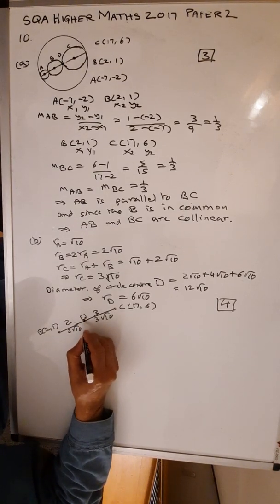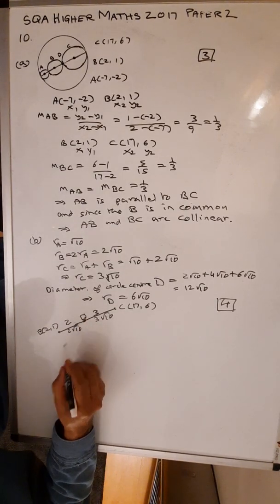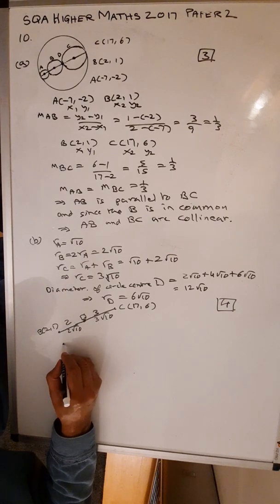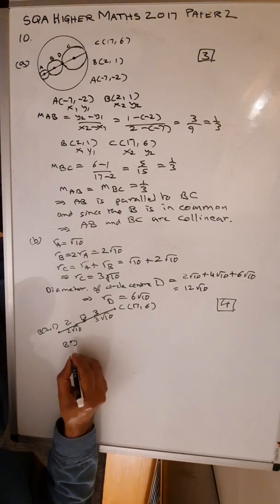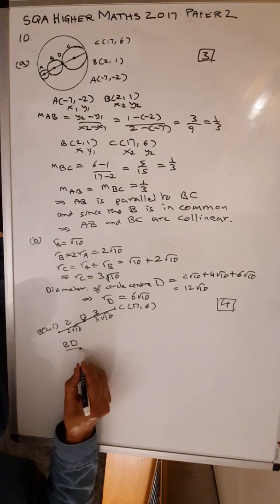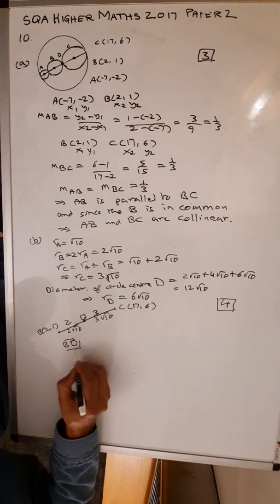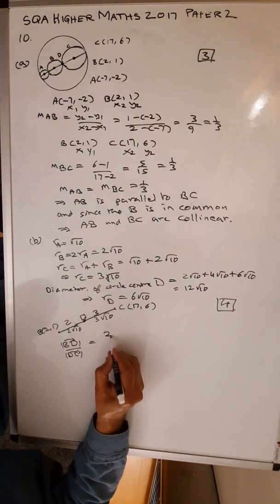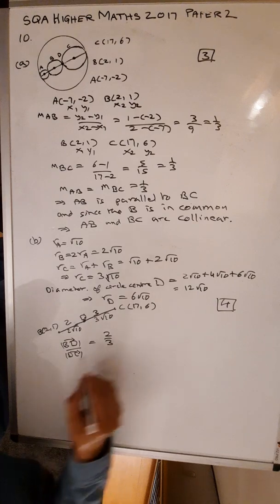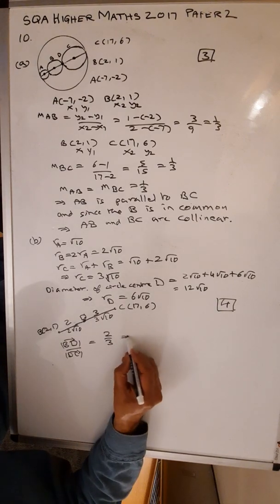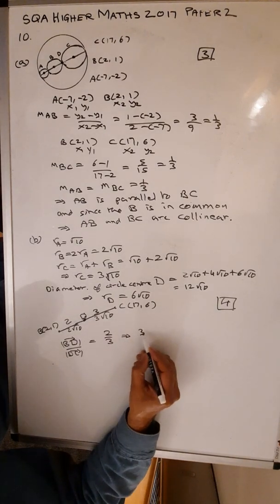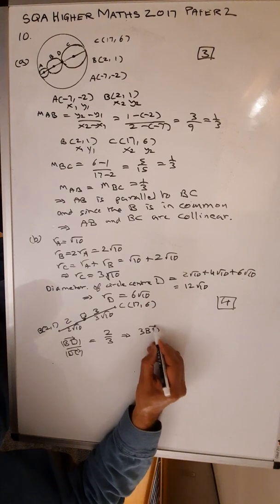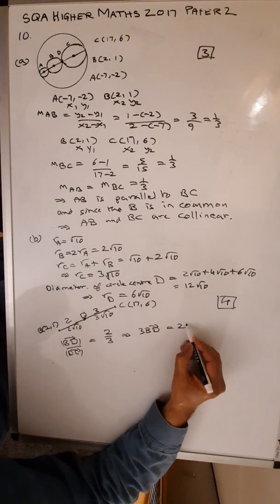This is what you're looking for, the coordinates of the center D. Okay, so BD over DC is just 2 to 3. So that implies that 3BD is equal to 2DC.